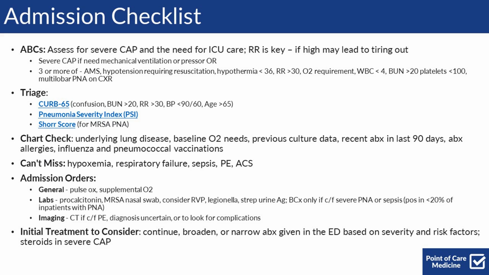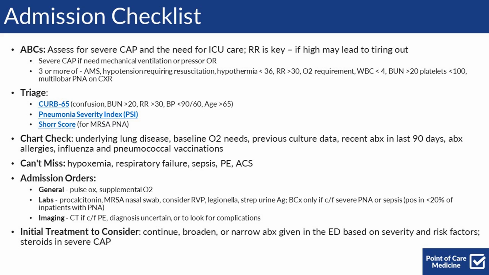CAP is considered severe if you need to be mechanically ventilated or have a pressor requirement, or 3 or more of any of the following: altered mental status, hypotension requiring resuscitation, hypothermia, a respiratory rate greater than 30, an O2 requirement, a white count less than 4, a BUN greater than 20, platelets less than 100, or multilobar pneumonia on chest X-ray. Together, these can give you a sense of where the patient likely needs to get care.